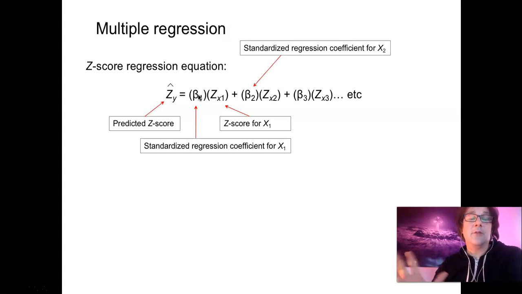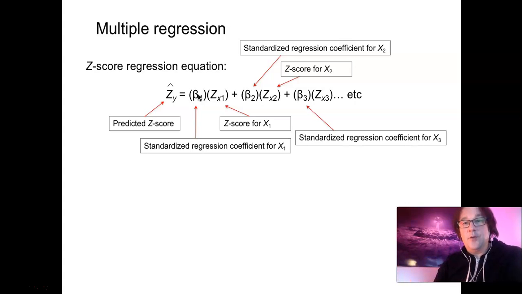Then we'll add that to this other little calculation we have to do. Beta 2 is the standardized regression coefficient for our second predictor, x2, and this z of x2 is the standardized score for our second predictor, and so on and so forth.